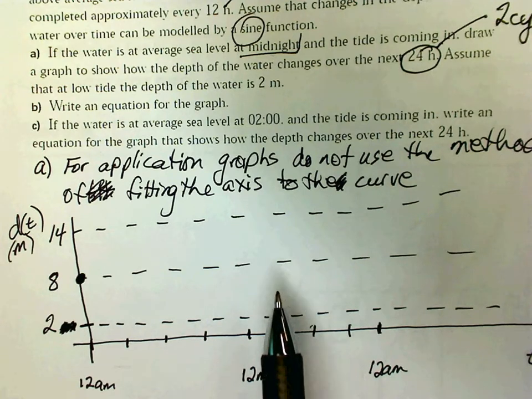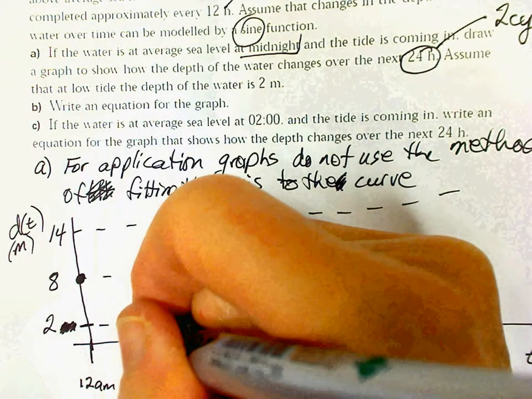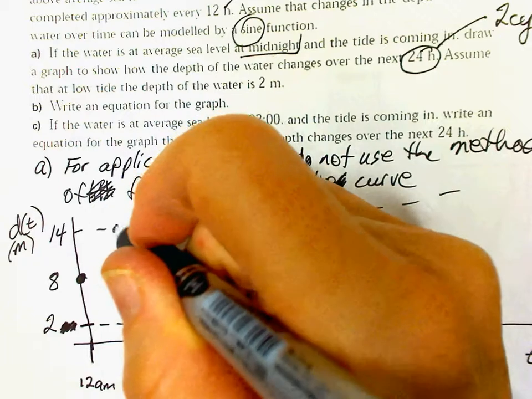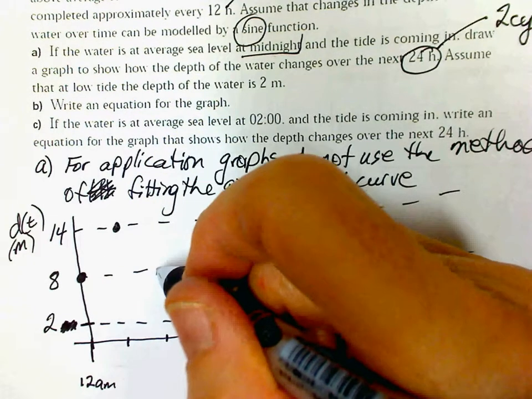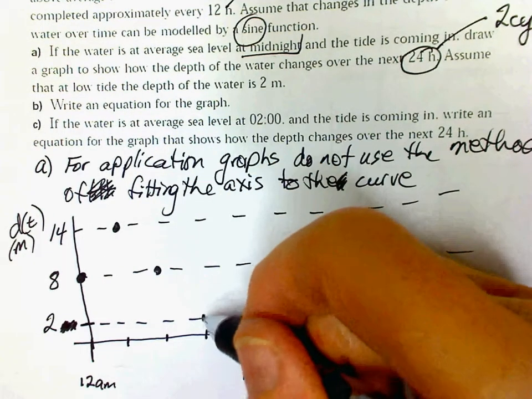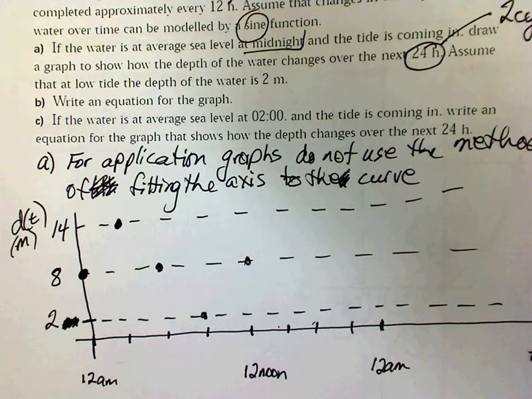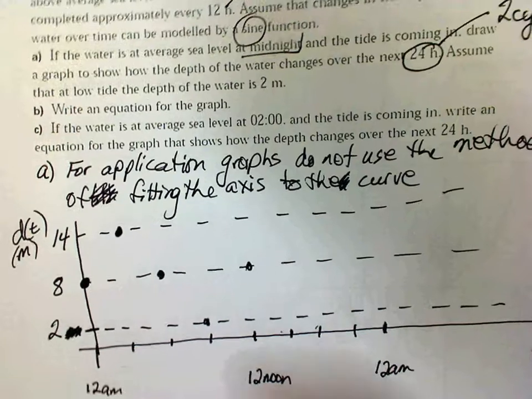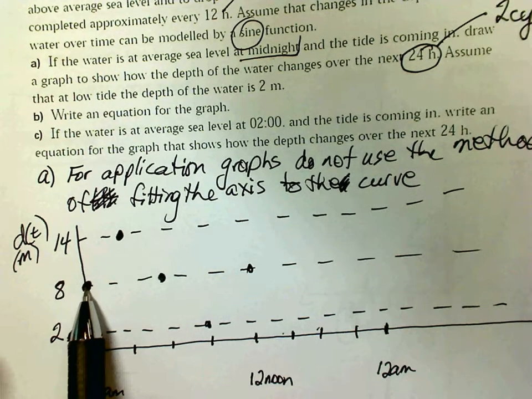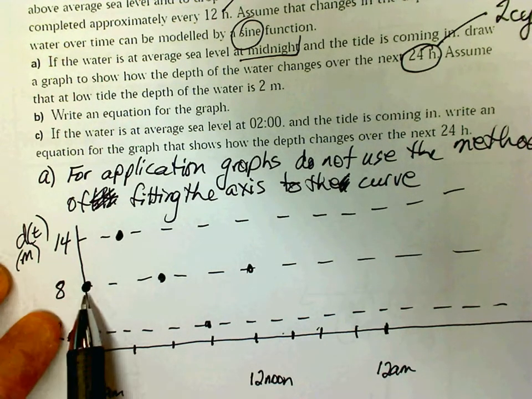Okay, so it starts there. It means it's going to go up there, back down, come down here. At 12 noon, it's completed one cycle, right? It's at average sea level at 8 o'clock, not at 8 meters, right?